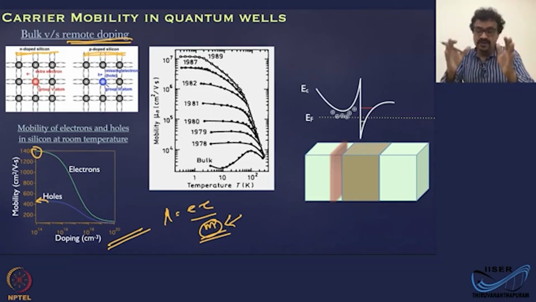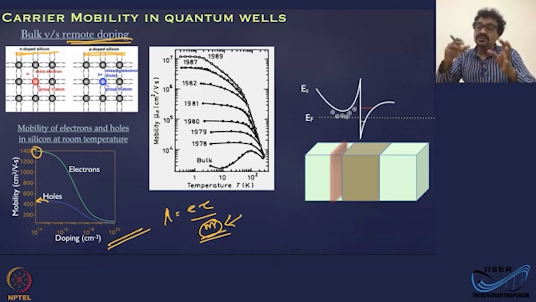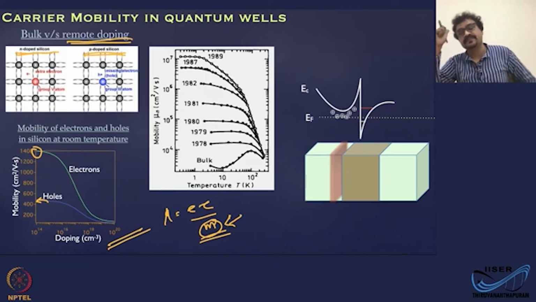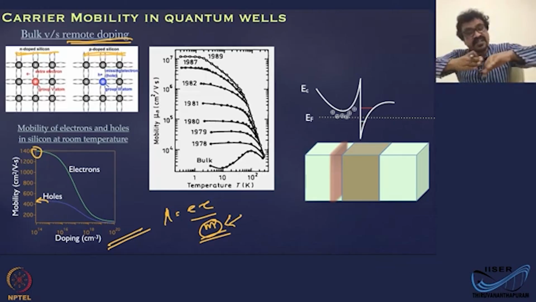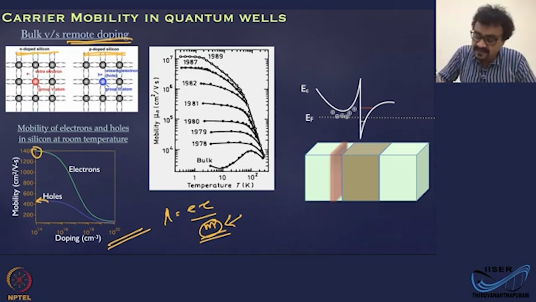But remote doping is something else, where you dope somewhere else, but the charge carriers end up in some other place. So the space where the charge carriers move is spatially separated from the dopants. That is possible in a quantum well.